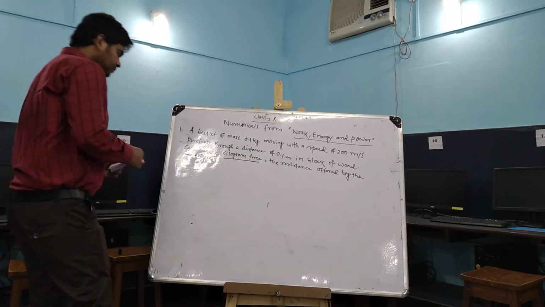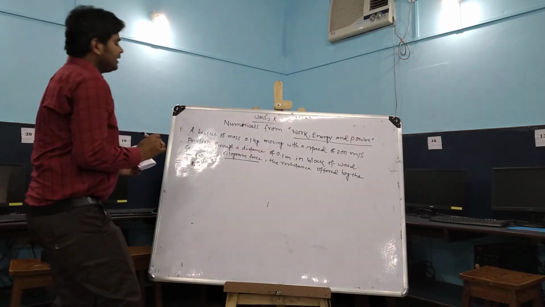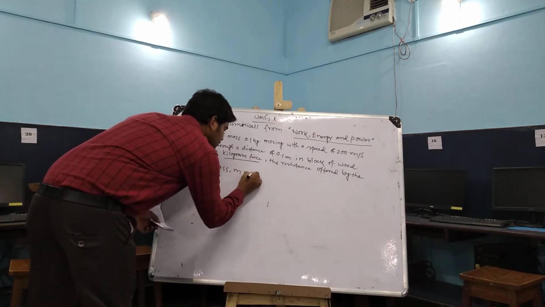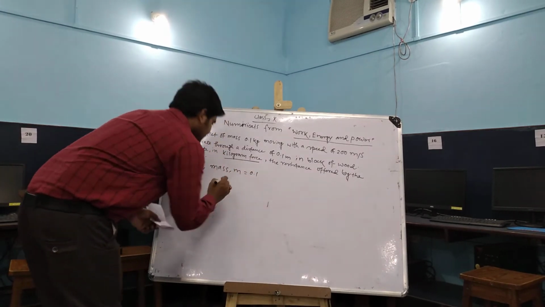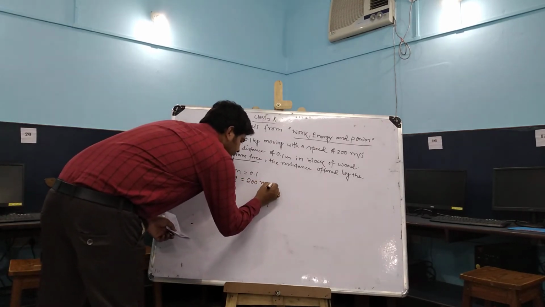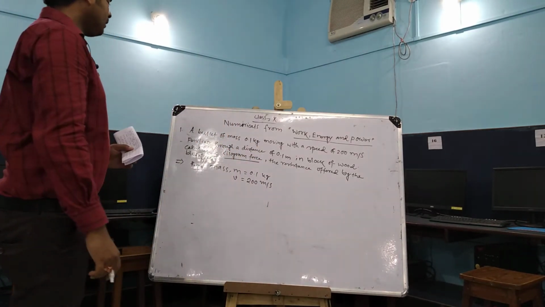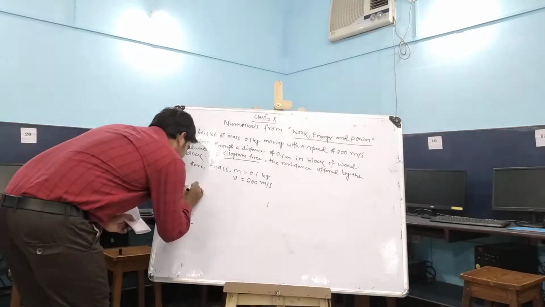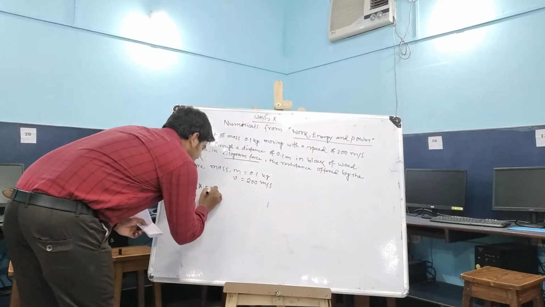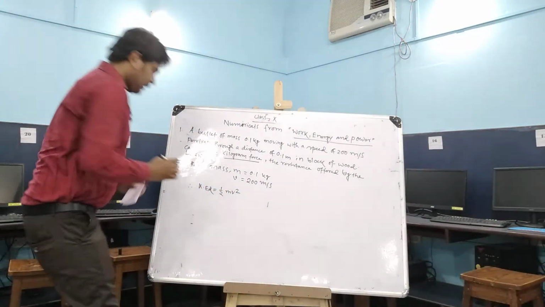Now the given things are: mass m is equal to 0.1 and the velocity, that is speed, is given, 200 meter per second. Now we can calculate the kinetic energy of the bullet. K is equal to half m v square.